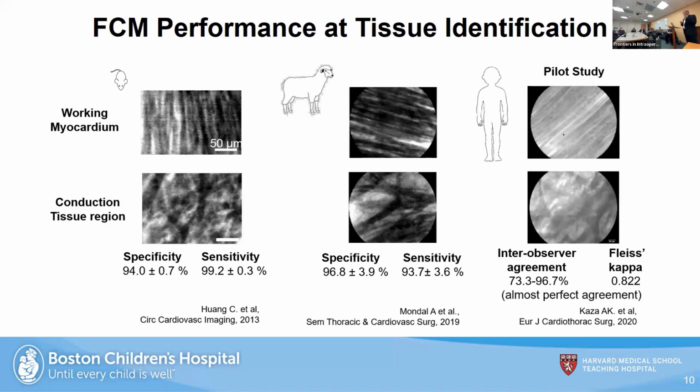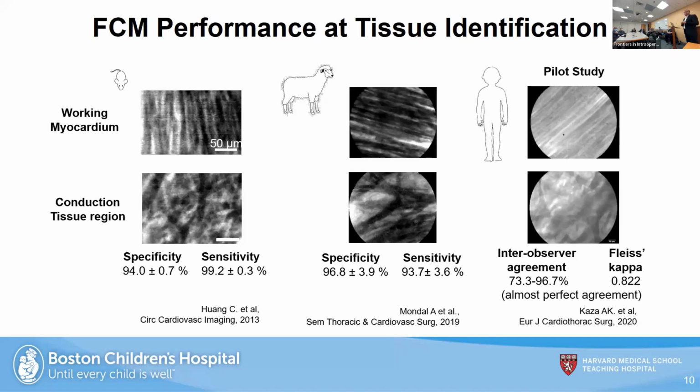Furthermore, unlike animal studies, in the pilot study we could not confirm the ground truth through histology. So the parameters we used for assessing the quality of the image classification were inter-observer agreement and Fleiss' kappa, which basically assesses whether there is agreement between the different reviewers.